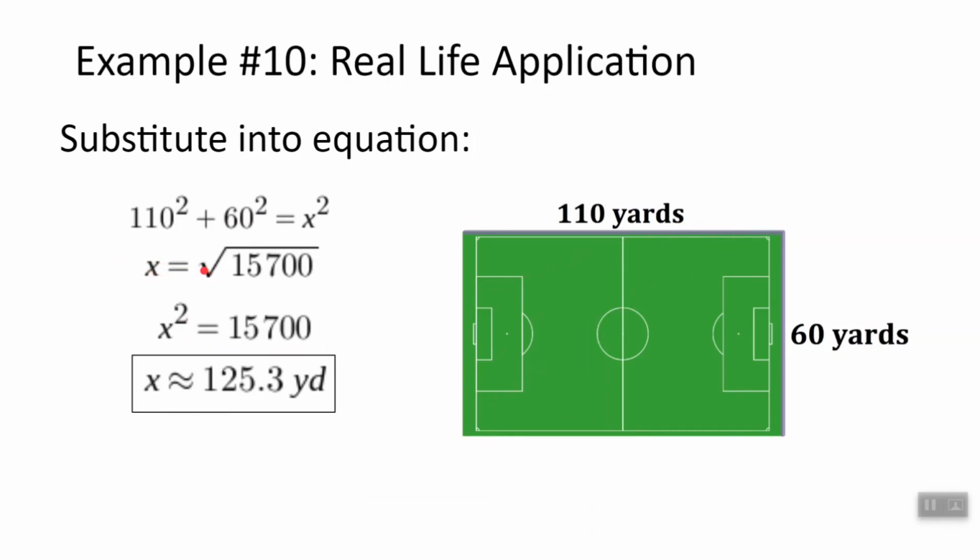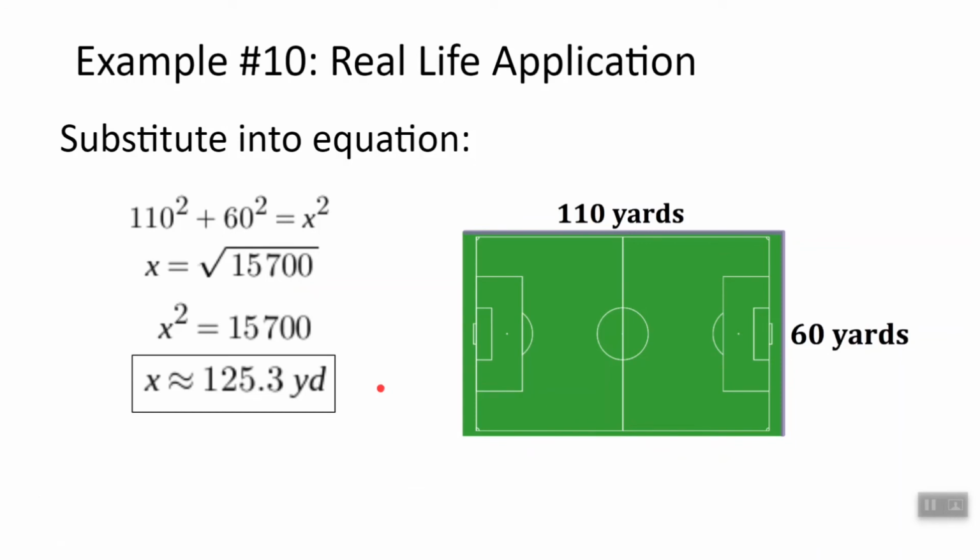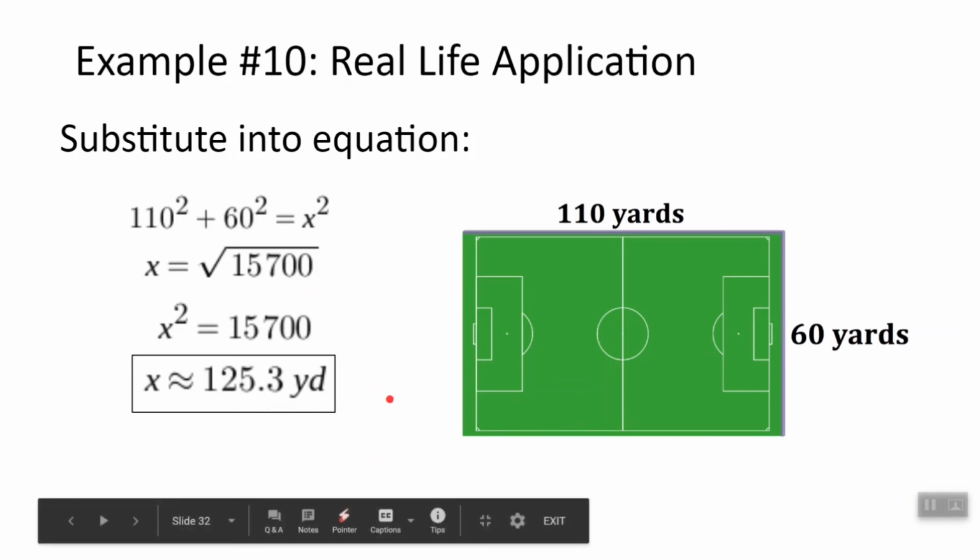So x is equal to the square root of 15,700. So x squared is equal to 15,700. So that means x is about 125.3 yards.